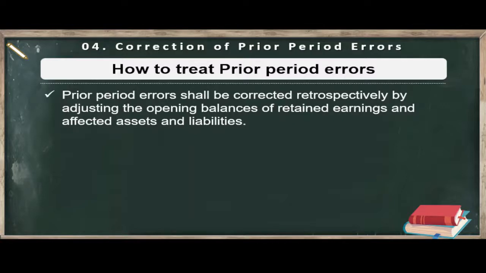You have to correct the balances in the prior periods, because if you leave them as is, then the financial statements we use now and in future periods will also be wrong because the beginning balances are wrong.